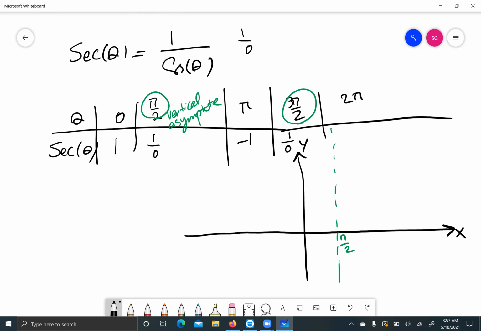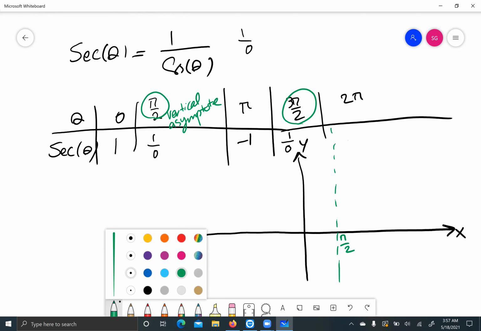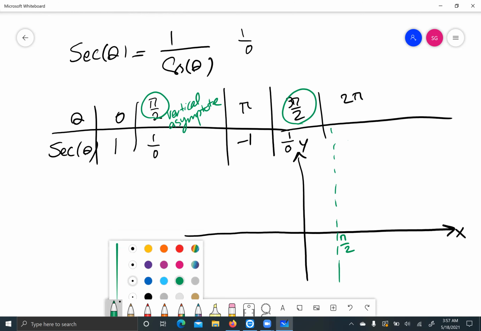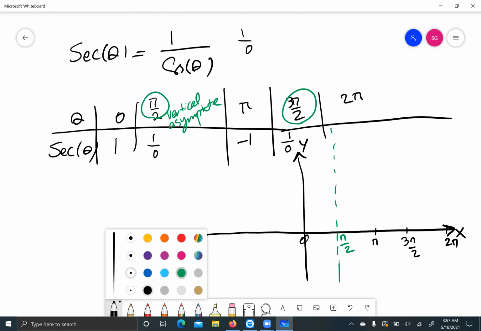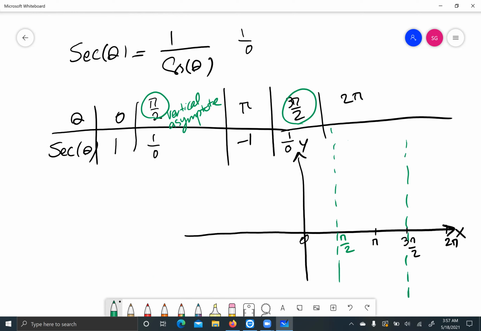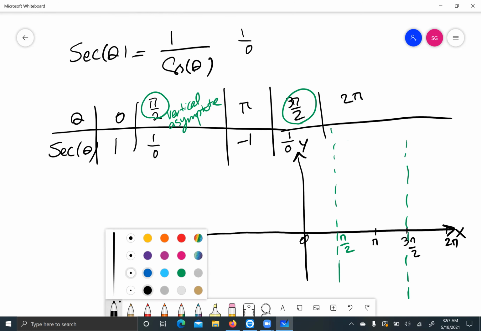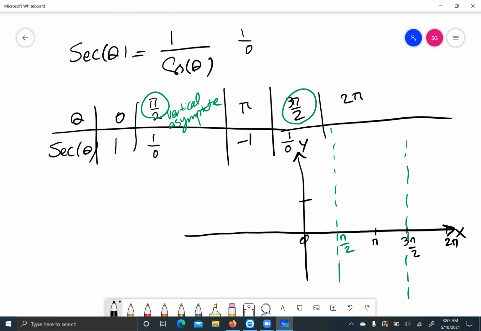So let me put this here: 0, pi over 2, pi, 3 pi over 2, and 2 pi, right? So we have a vertical asymptote at 3 pi over 2. And by the way, at 0, the graph is 1.